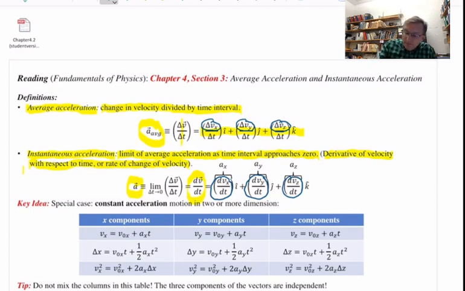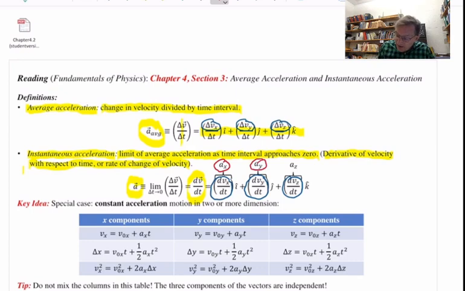Something to note, by definition, the derivative of the x velocity with respect to time, dvx dt, that's the x component of the acceleration, a sub x. And the derivative of the y velocity with respect to time, dvy dt, is the y component of the acceleration.